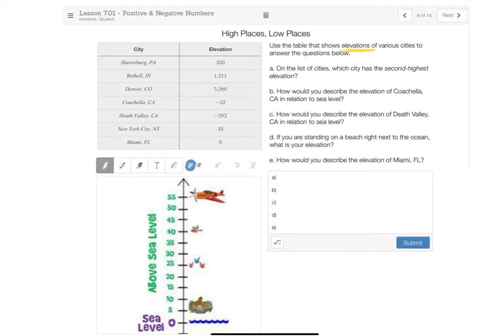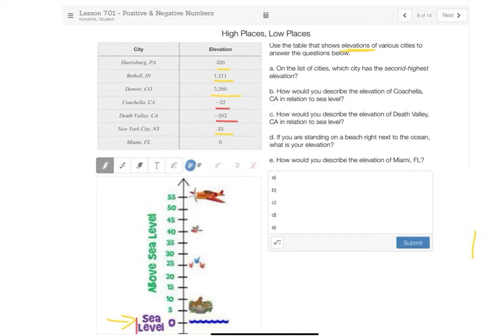So you can see I gave you a little diagram over here that shows sea level and the actual ocean, and everything above sea level is going up. So you can see here we have a few places that are positive elevations and a few that are negative elevations, which means that they would be below the sea level.